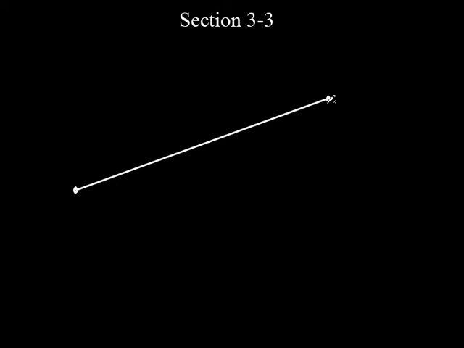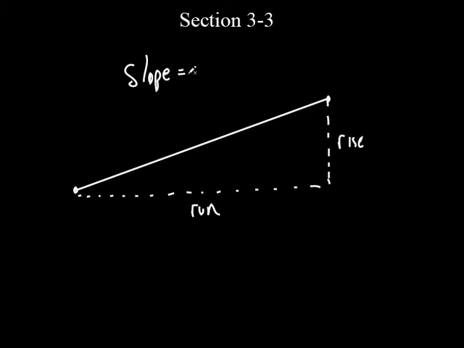But yesterday we would count this way, and then we would count this way. This was the rise, and this was the run. So the slope equals rise over run, and that's very important. That's something that you need to know. We're going to take that to the next level today. It's rise over run.